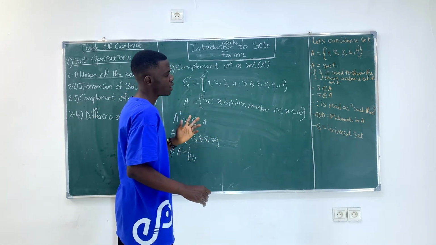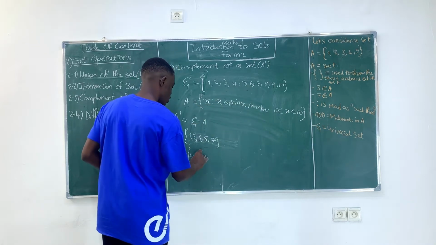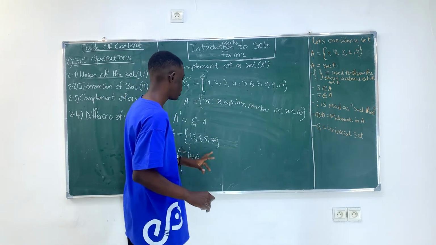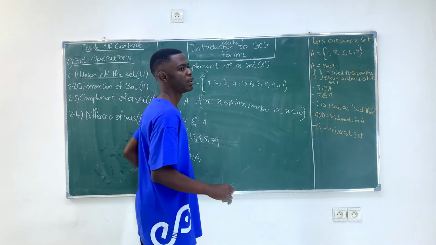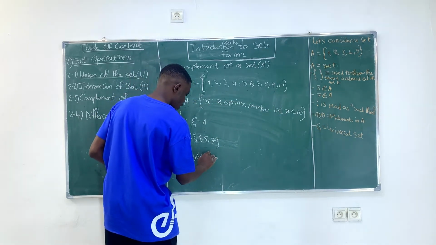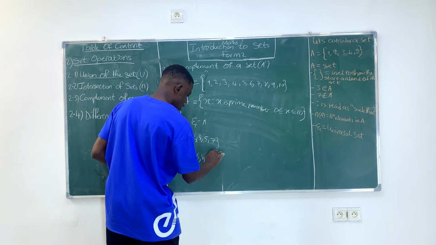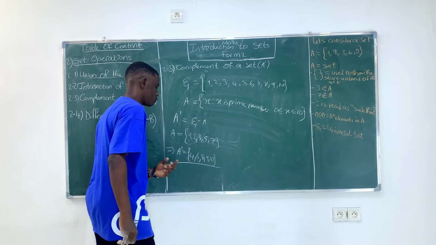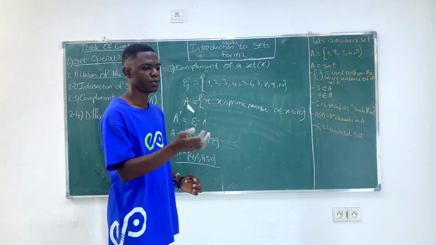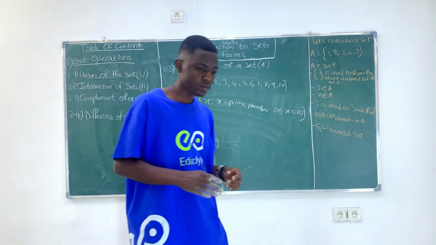There's 5 here, there's also 5 here, so you don't write it. 6 is here, 6 is not here, so write your 6. There's 7 here and here, you don't write it. 8, 9, and 10 are there and not here, so you write your 8, 9, 10. This is going to be your A prime.